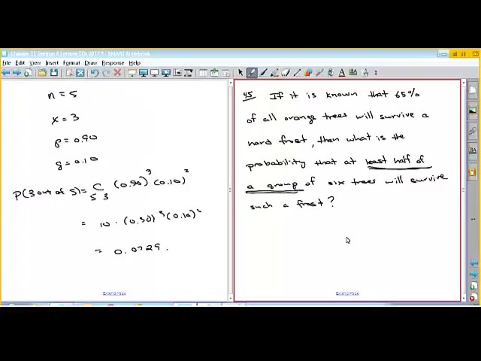Okay. And then the last one here: if it is known that 85% of all orange trees will survive a hard frost, then what is the probability that at least half of a group of 6 trees will survive such a frost? So, N is equal to something, X is equal to something, P is equal to something, Q. Okay.